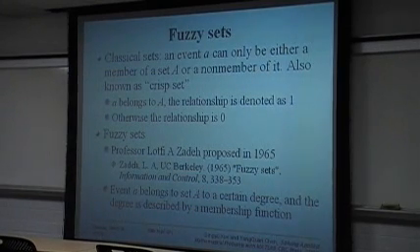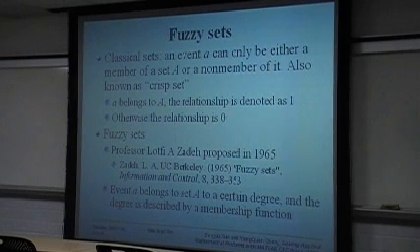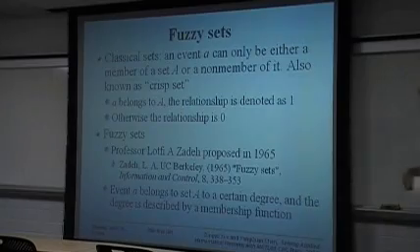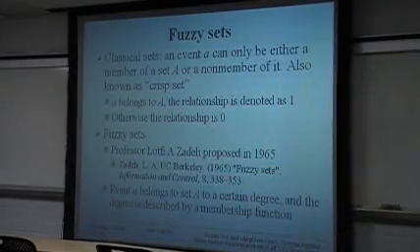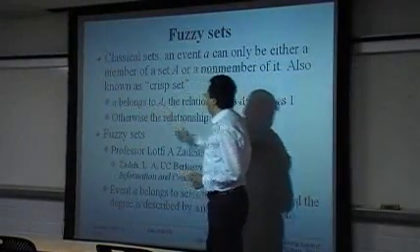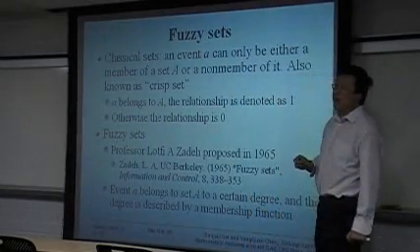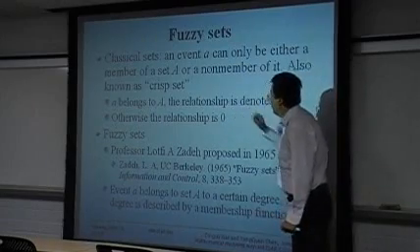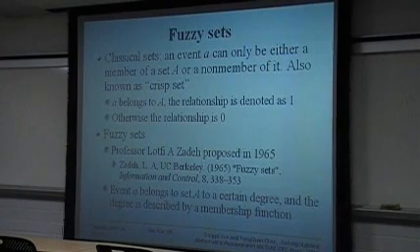One is that a is a member of set A. The other possibility is that a is not a member of set A. So this set is called a crisp set. When small a belongs to the set A, the relationship is denoted by 1. Otherwise it is denoted by 0. So there are only two possibilities. One is 1, the other one is 0.